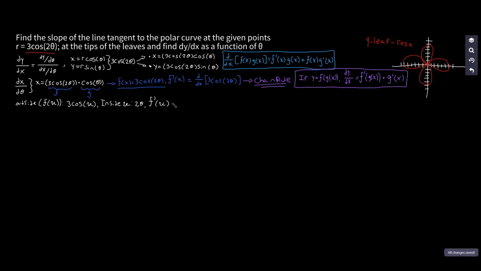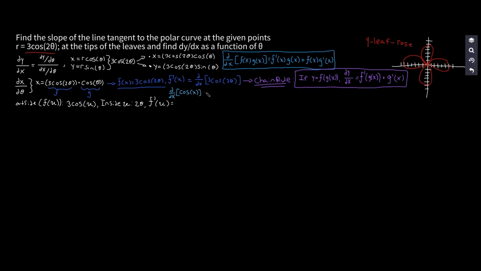How can we find f prime of u? Since f of u is set to 3 cosine of u, that means that we are required to know the derivative for cosine of some variable. So we'll just write out the derivative of cosine of x.